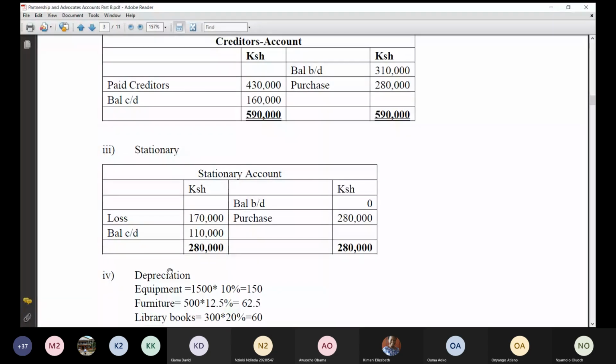At the end of the accounting period, yes, you purchase 280. At the point that you are closing, the stocks were valued at 170. So it can be a loss, or consumables, which is toners, stationery that you had used. And so then, that being the case, what you'd consumed would then be that.